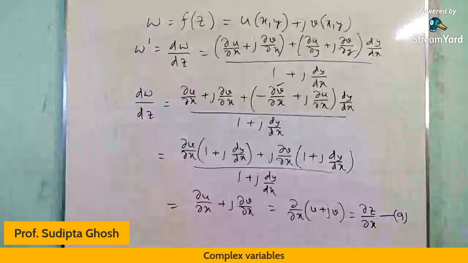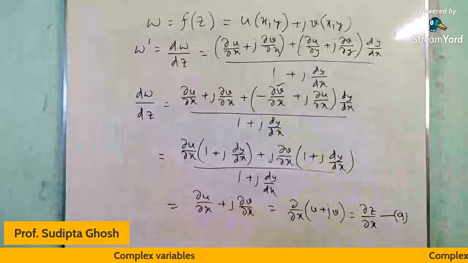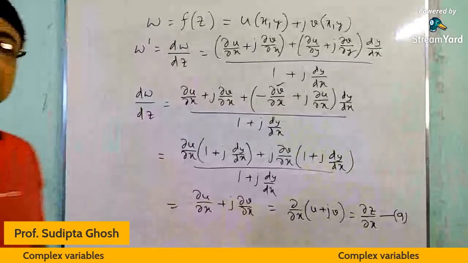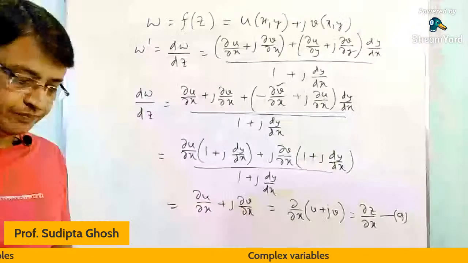So this is the value of dw dz using the Cauchy Riemann equations.